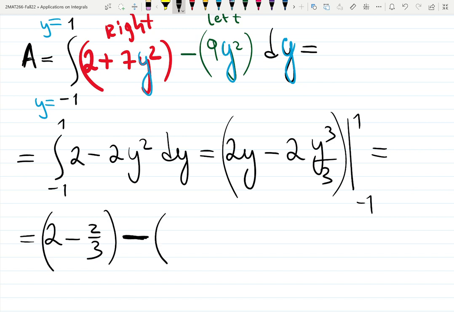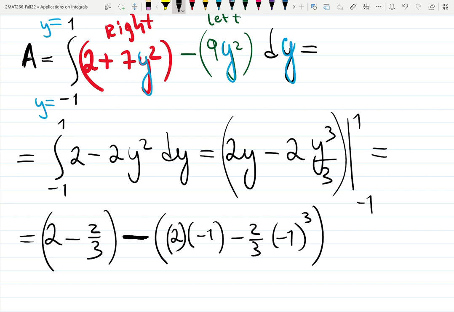Plug the bottom carefully. Put parentheses everywhere. Some of you forget to put parentheses, and that then makes typos on the exam and homework. So if I have 2 and then plug -1, put those parentheses. Don't be lazy. Minus 2/3. -1 cubed is important because -1 cubed is -1. Again, parentheses are good. They do save you from mistakes. So put them everywhere, just in case.